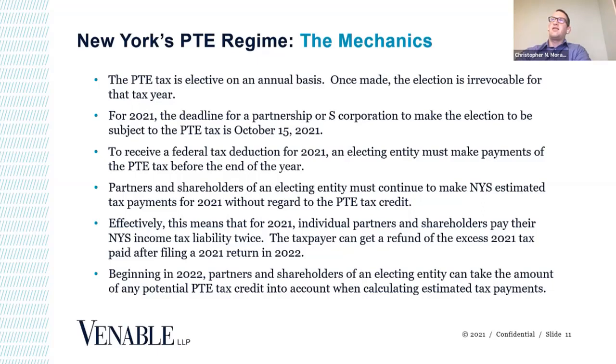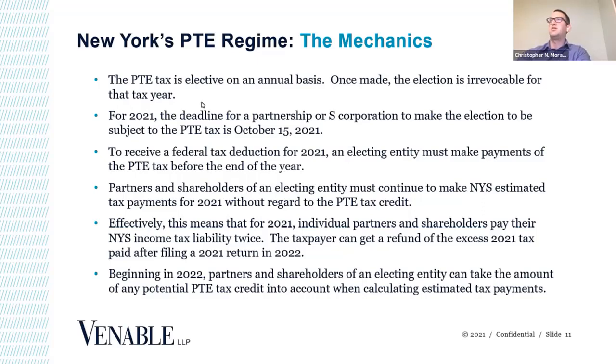So again, the individual partners and shareholders will get that back when they file their return, but the individual 1040 for 2021 might not be filed till October. So that's something to consider if the business is in a tight position cash wise, that this might not be great for 2021.